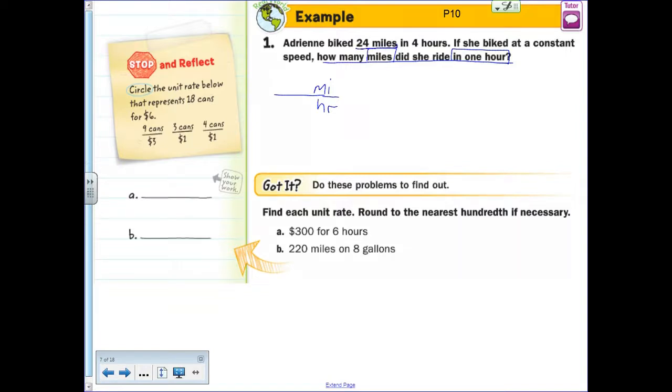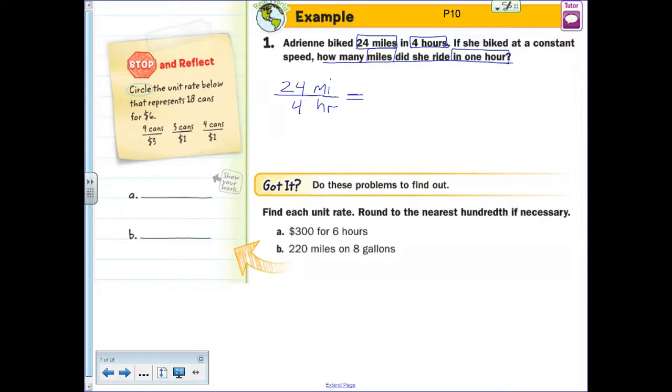It says 24 miles and 4 hours. Then we want to turn that into a unit rate. How do you turn it into a unit rate? Simple. You take this ratio and think of it as a division problem and divide the top number, always the top number, by the bottom number.